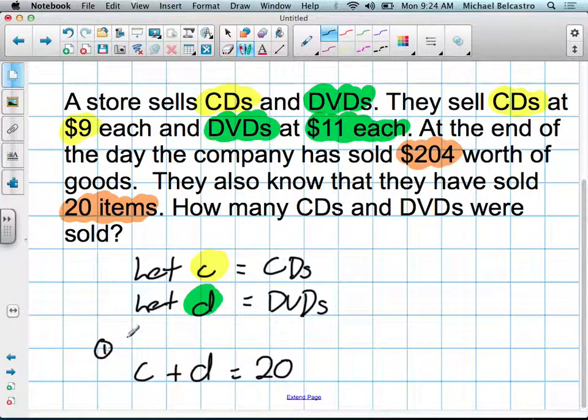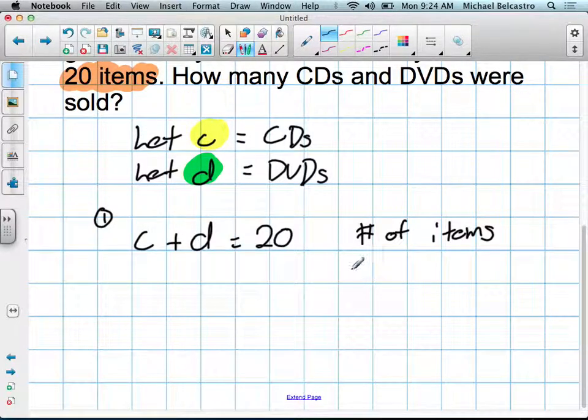Okay. We also know the cost. So the first equation we made up is the number of items. The second equation is going to be cost, or money worth. How much does a CD cost? Anyone remember? $9. There's $9 for a CD.